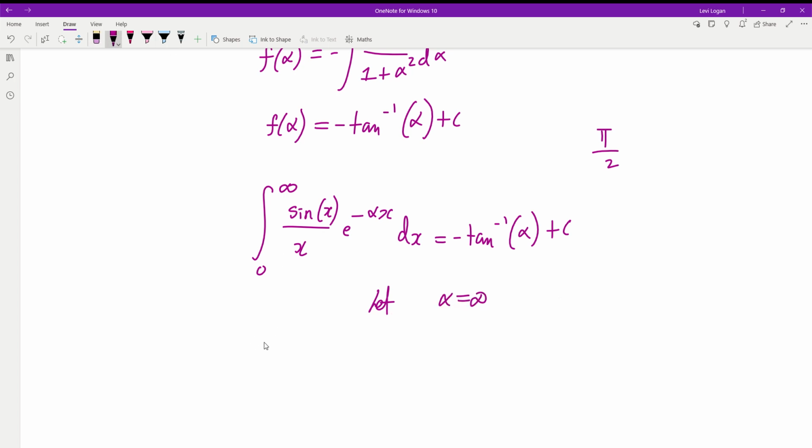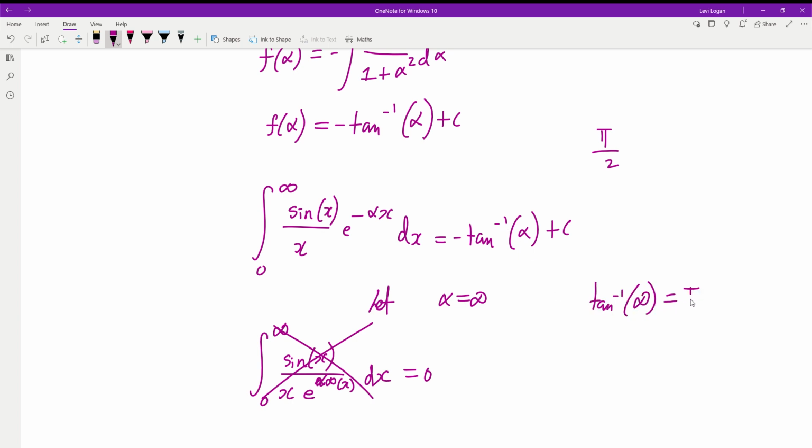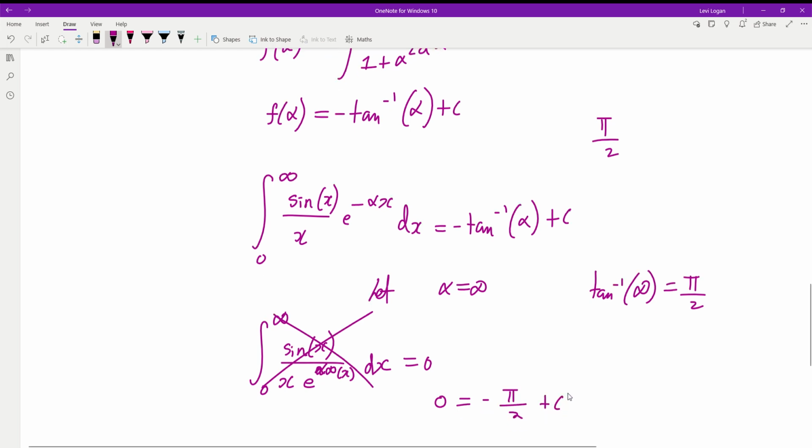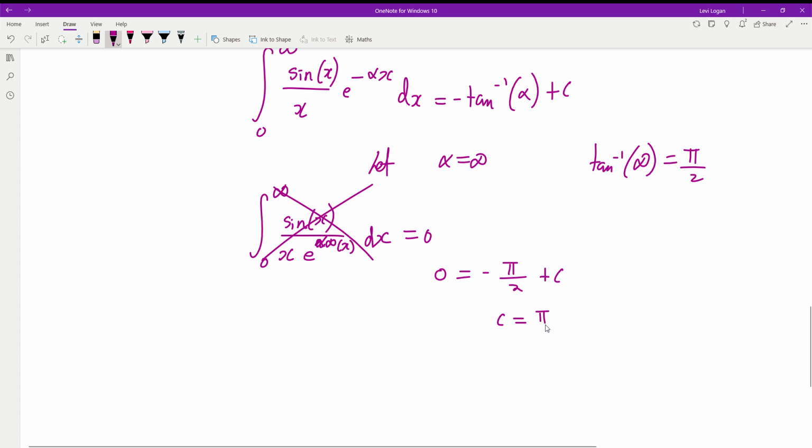So if we put infinity in here, sine of x over x multiplied by e to the infinity times x dx, that's going to go to 0. And tan inverse of infinity will be pi over 2, 90 degrees otherwise. So 0 is equal to negative pi on 2 plus c. Therefore c must be pi on 2.